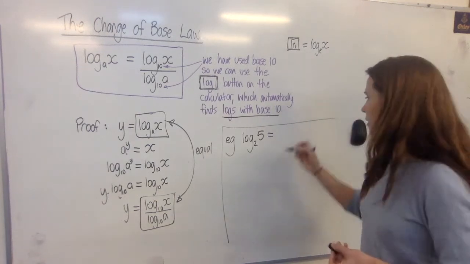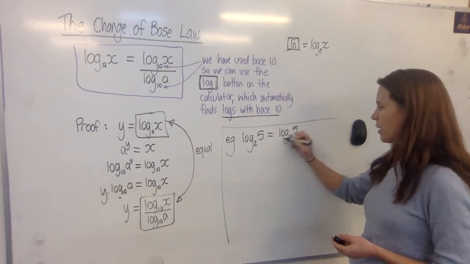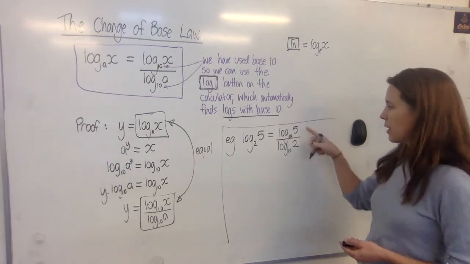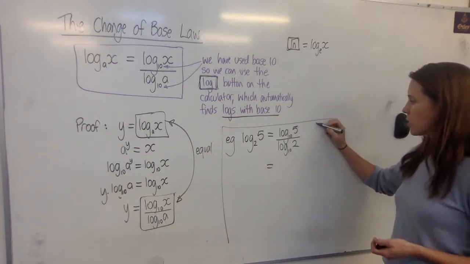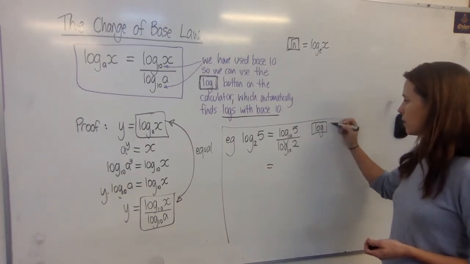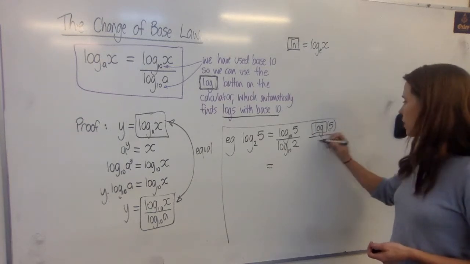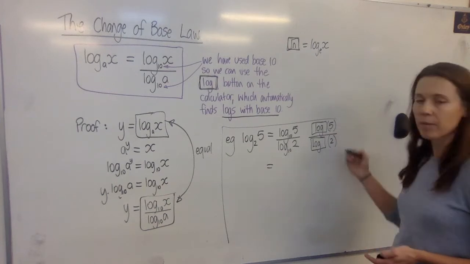But using my calculator, I can say that's the same as the log of base 10 of 5 over the log of base 10 of 2. Now these are both numbers I can put in my calculator. The way to do it is just literally type in the log button and then hit 5. You'll need to close the brackets around the 5. Over, hit the log button again and put brackets around a 2.